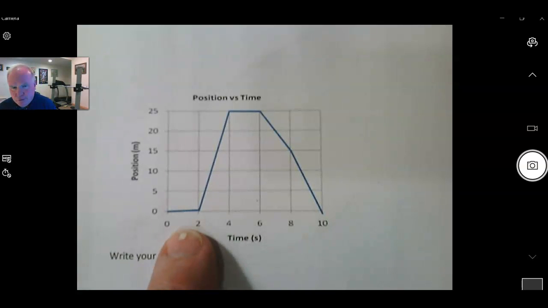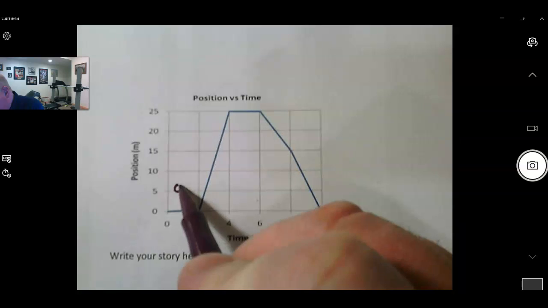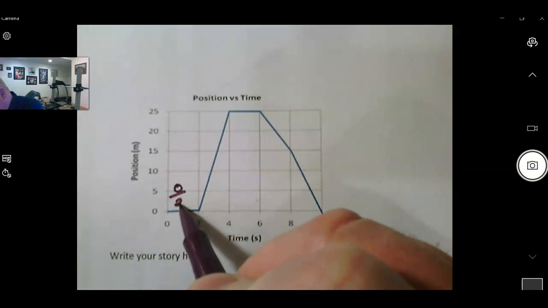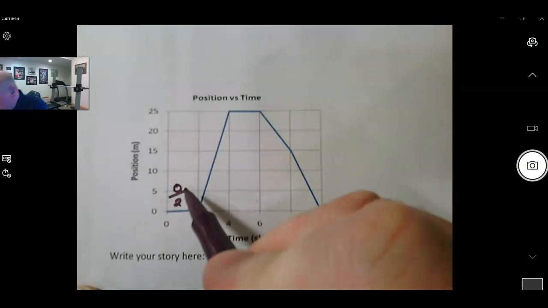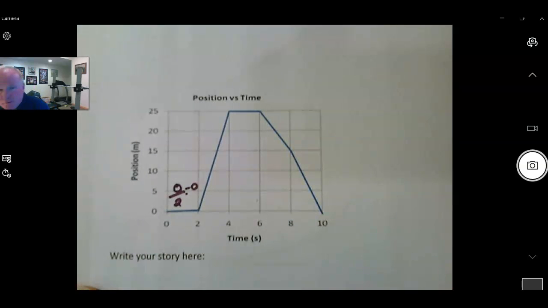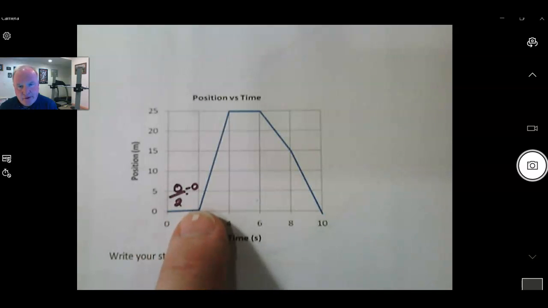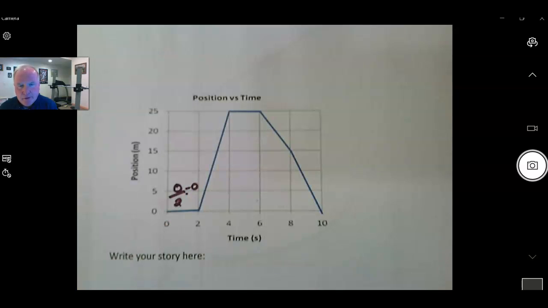And so the first one is pretty simple. We have 0 starting here at 0 seconds. So we have a 0 rise and a run of 2. And so for that first segment, the speed is 0. All right. Now we have this second segment, the one that goes from here to here. And so you can see a rise from 0 to 25.